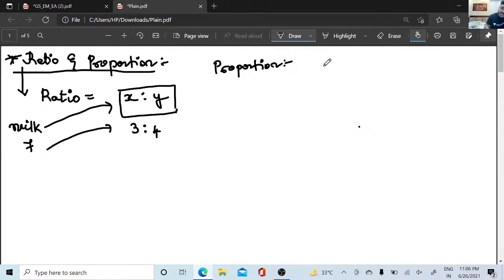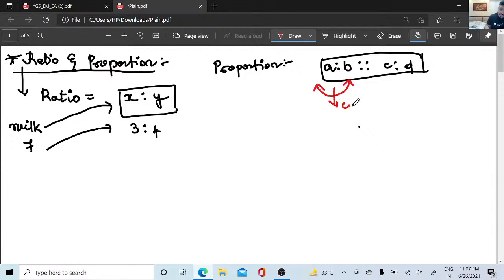So if I write something like A is to B is equal to C is to D, this is what we call proportion. Whatever is the comparison of A is to B, that should be equal to the comparison of C is to D.